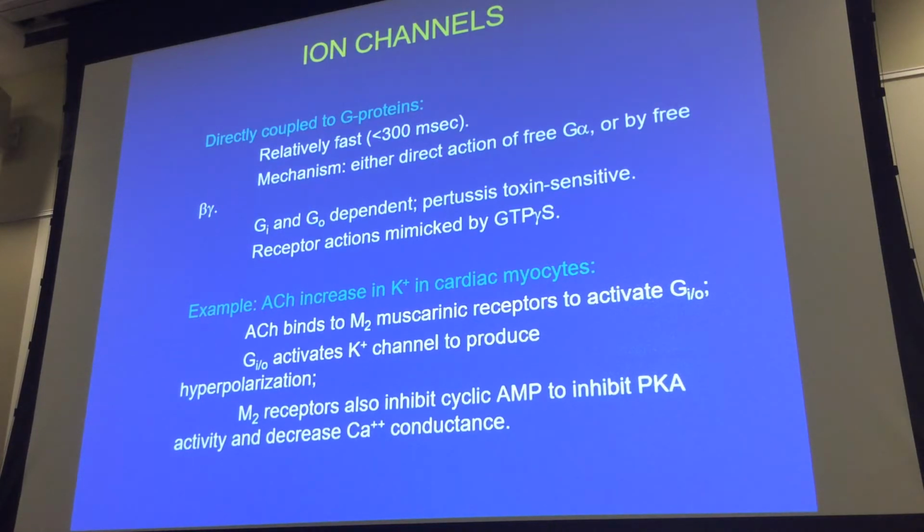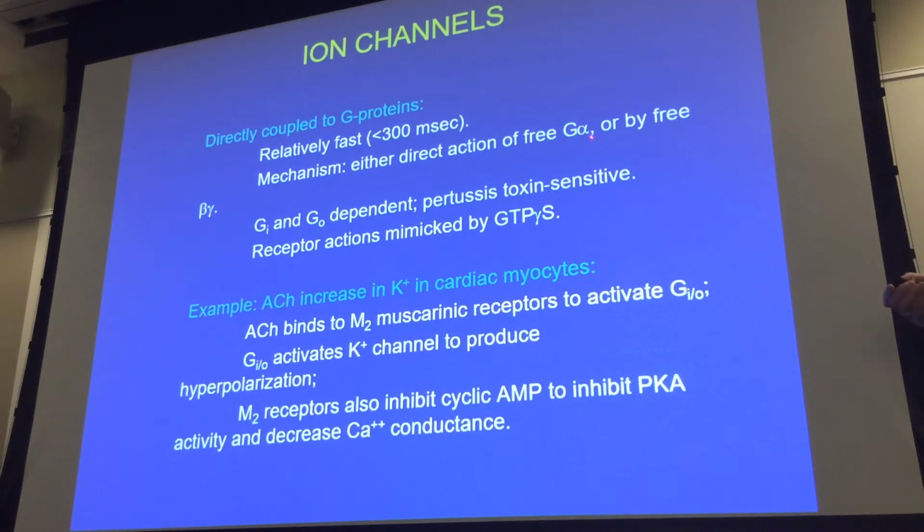You're simply activating or affecting the channel directly through the activated G protein, either the activated G alpha or the beta gamma. So it's a very fast response because it doesn't require all of these second messengers. So once again, this is a response that's quite a bit faster, less than 300 milliseconds.